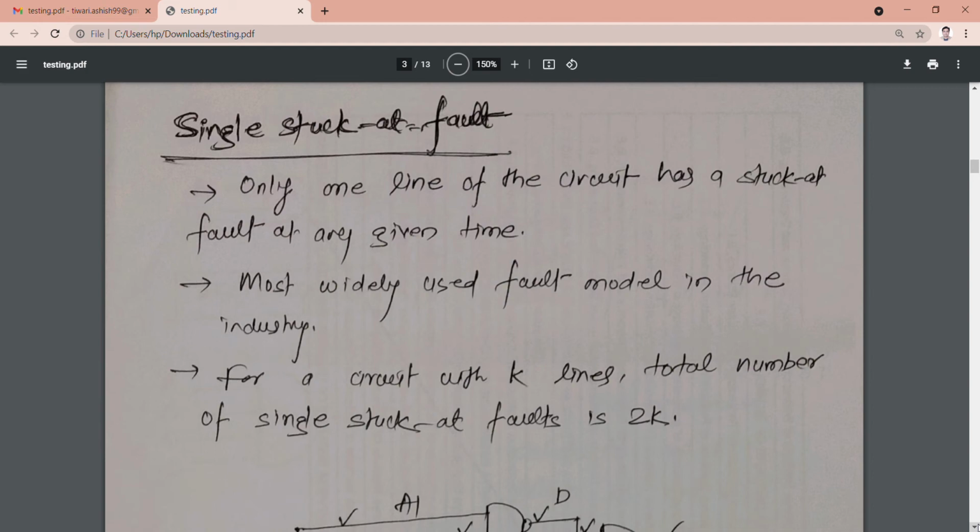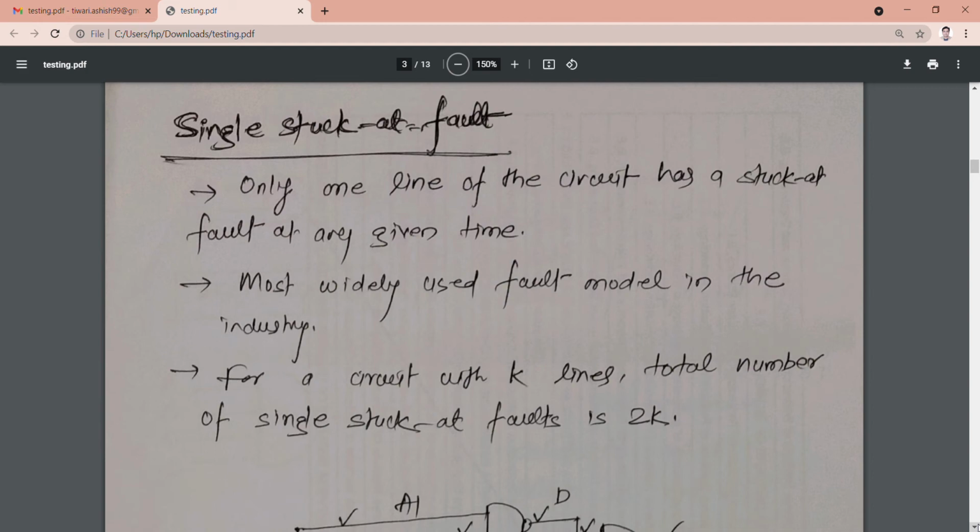Because we have an efficient testing methodology, and the frequency of testing is such that at every next cycle we are going to test the faults.